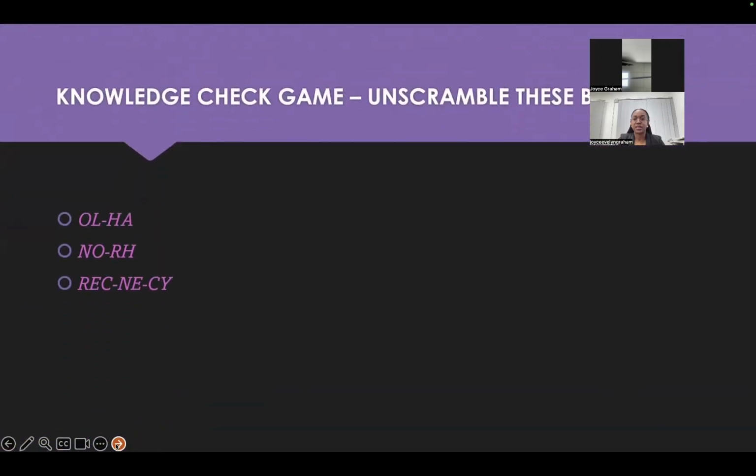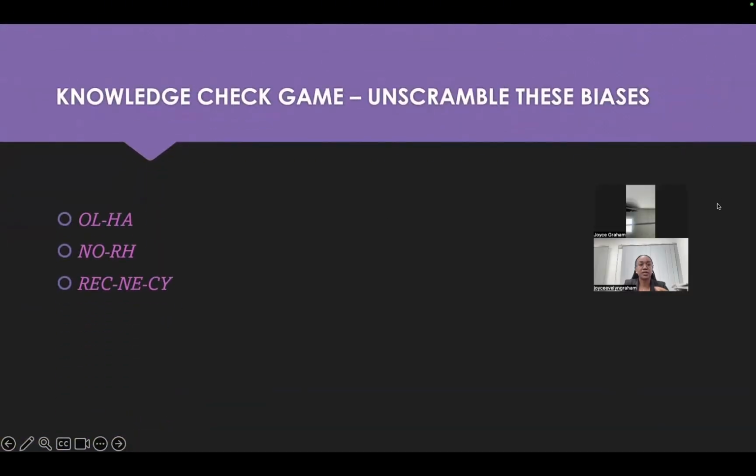Before we come to that, we are going to do a little knowledge check by playing this small game here. So you go into the chat box and take any of these words and unscramble them. For me, these are different biases. Just take one of them, unscramble it, and then tell me what you remember about these biases.